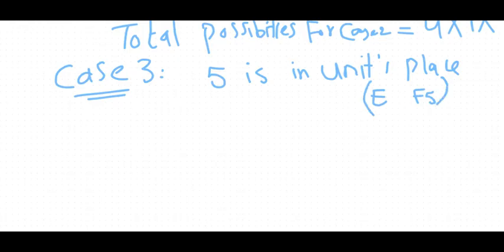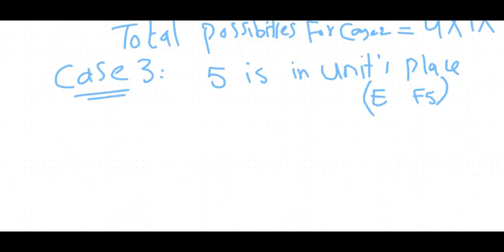The tens digit F cannot be 5, in 9 ways. We have 9 ways like in this. The hundreds digit must be in the range of 5, 6, 7, 8, 9, as you know, but cannot be 5.